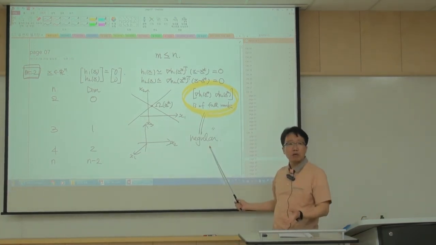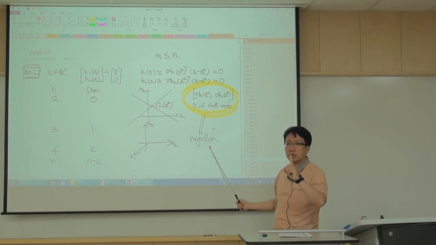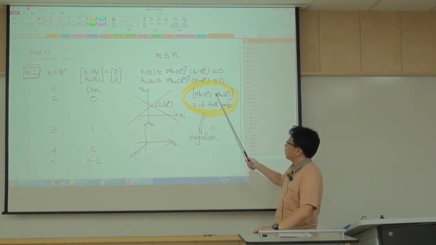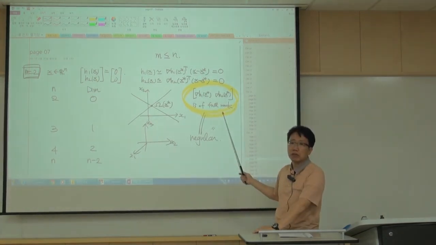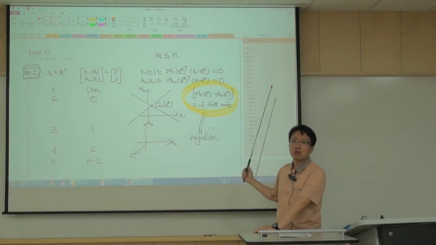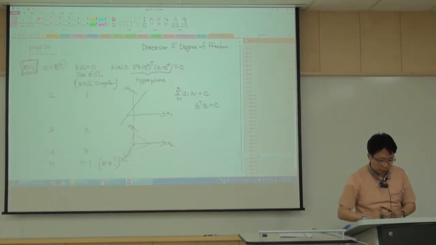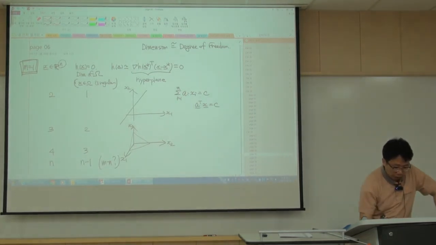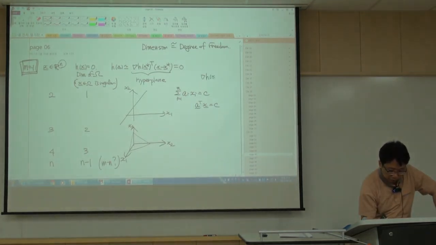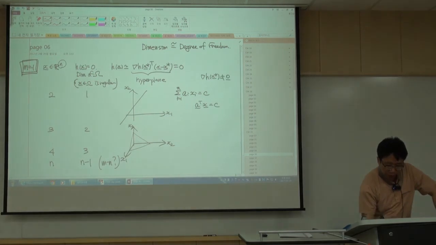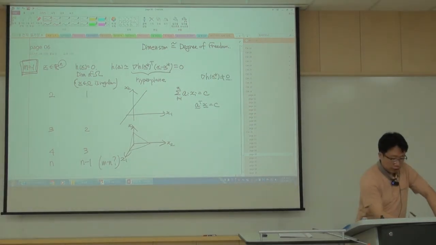Now let's go back to our m equals 1 case. You have a single vector. A single vector is full rank. What does that mean? It is not 0. So it's the same as what we defined here. Here we assume that it's not 0. So they are the same.